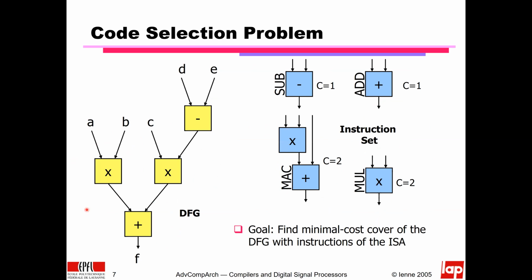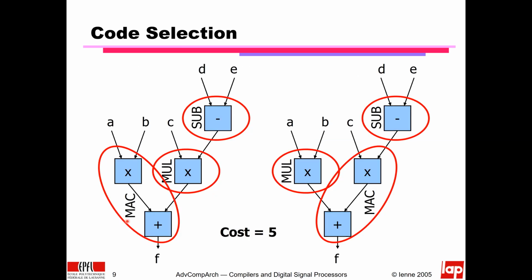So if I do these two together or these two together, I save 1 cycle or 1 unit of cost, or whatever it is. I suppose it's the number of cycles saved by incorporating this addition in one of the two multiplications here, which is represented.